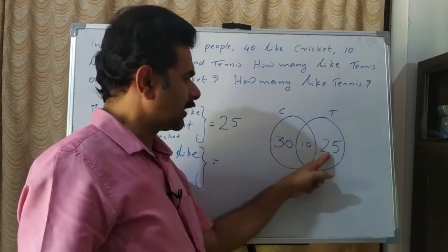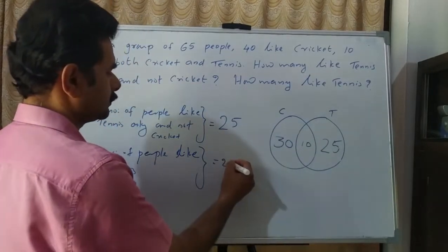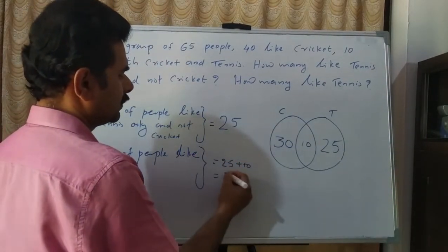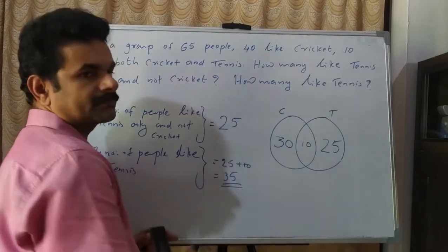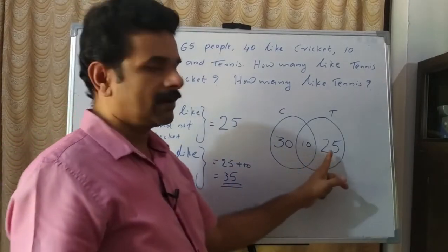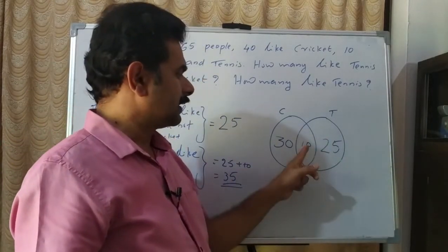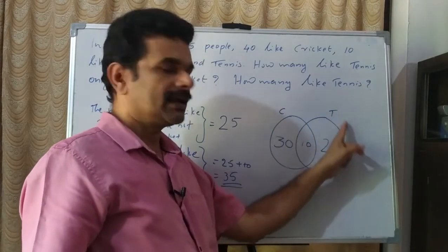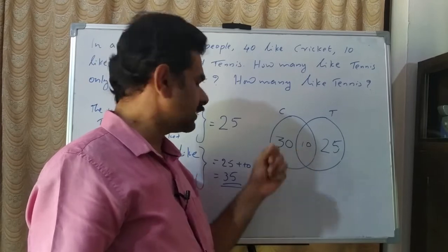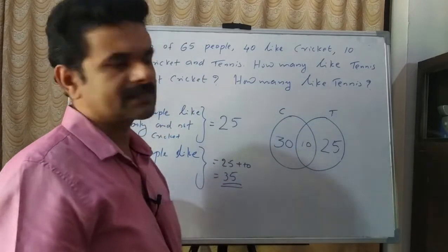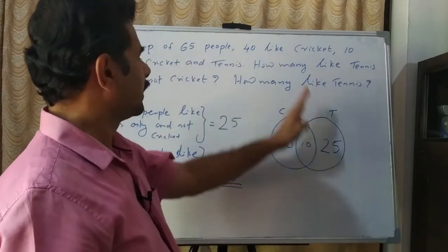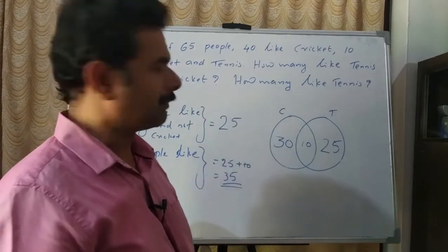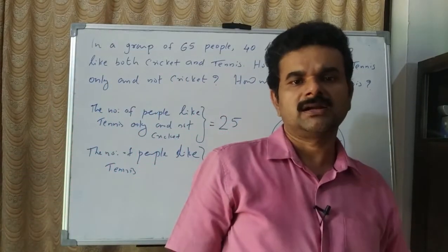Okay, 25 plus 10, that is equal to what? 35. Clear? 25 people like tennis only, 10 people like both cricket and tennis. So how many people like tennis? 25 plus 10, that is 35. So this is a simple method to find the answer of such questions by using Venn diagrams.